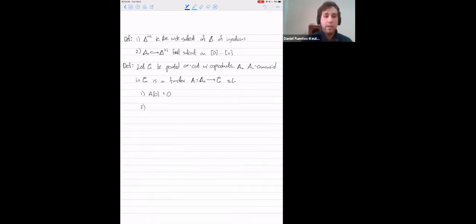And the second thing is I require some co-Segal identities. So for each m less than n, I can take the collection of maps p sub k from 1 to m, which sends 0 to k minus 1 and 1 to k.